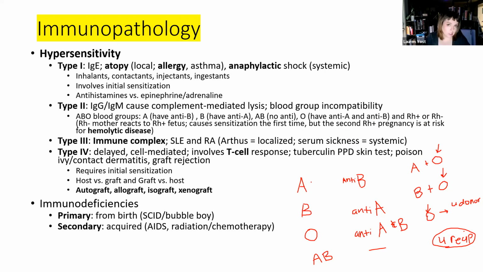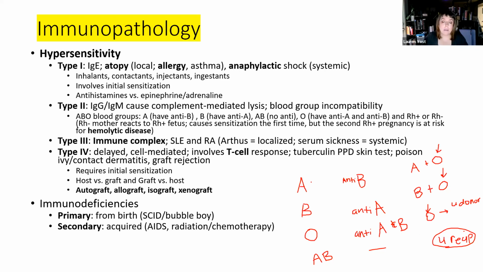So if you are a mother who has a child growing in your belly that was made via a father that was RH positive, and now the baby's RH positive growing in the mother's womb, the mother's body will see the baby's blood as foreign, as an antigen. It's not self. That RH group interacts with the baby's blood just via the placenta.